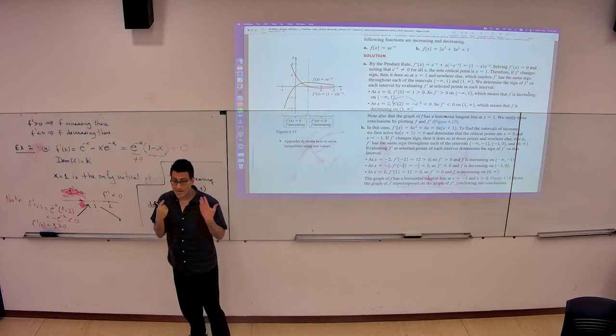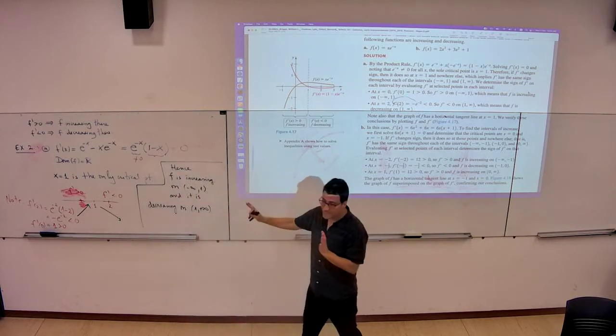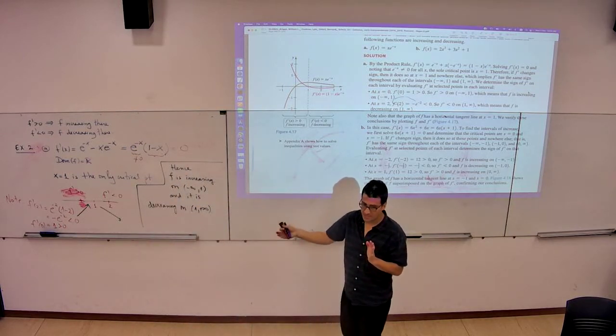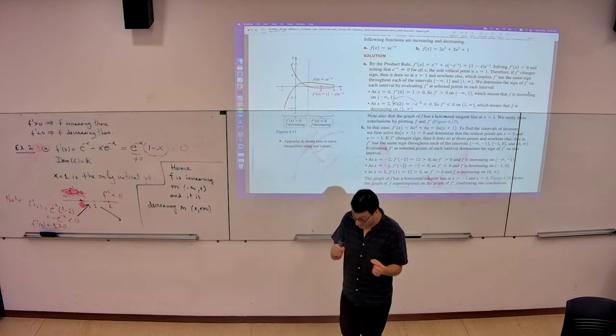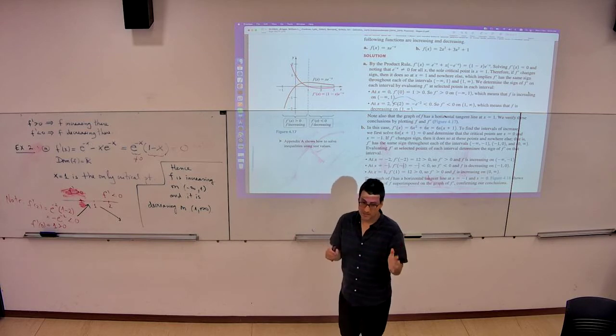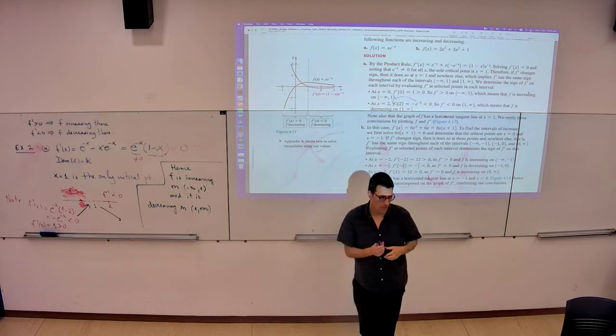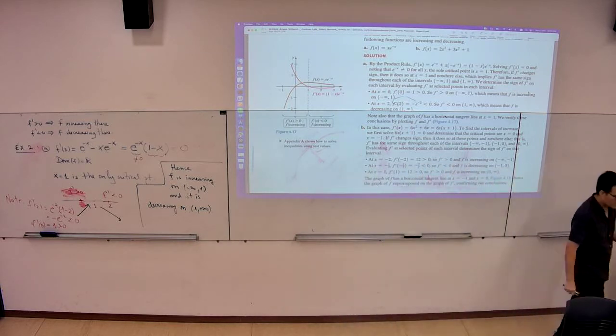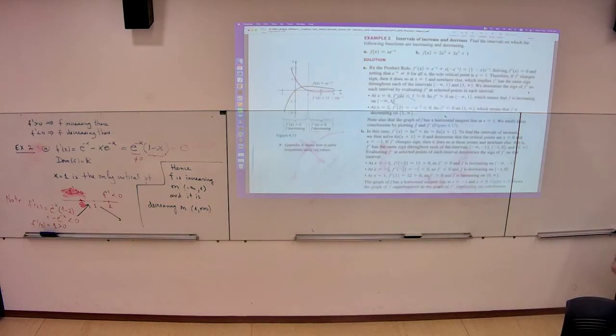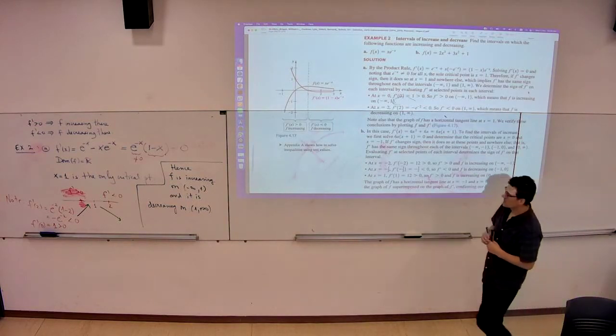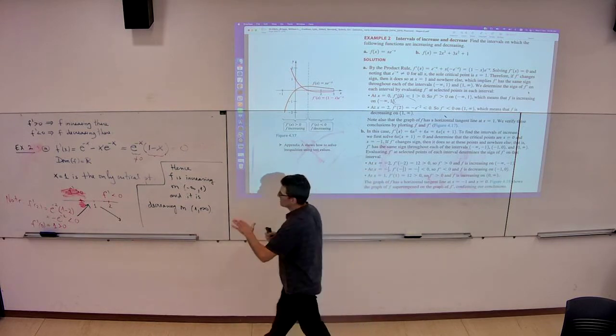Okay? Now, again, it's a rough idea that you get from the first derivative. So to get an accurate picture, a figure which accurately reflects the graph of the function, you need a second derivative, but that's later on, okay? So we need to wait a little bit. A second example down there. I'm going to clean up on this side, okay?